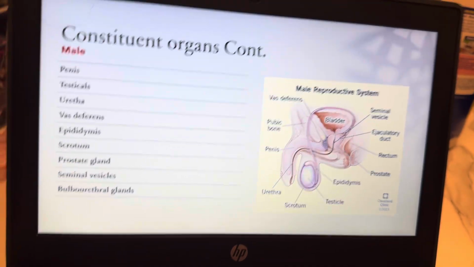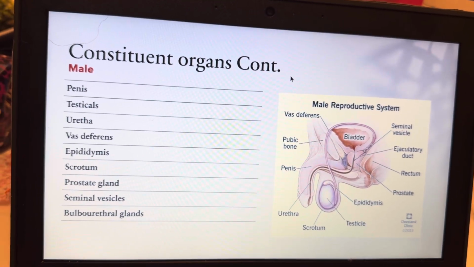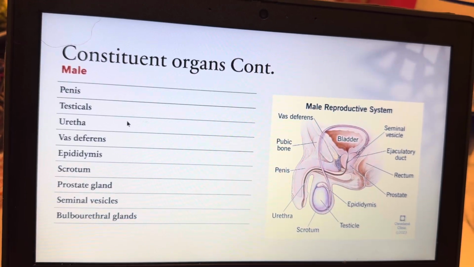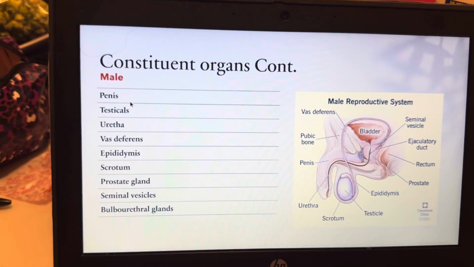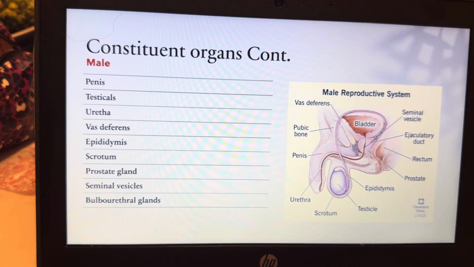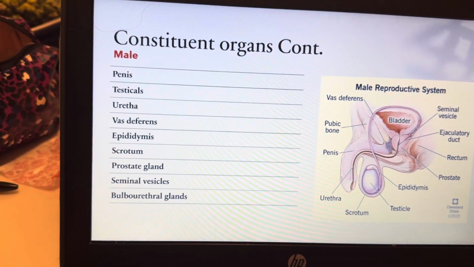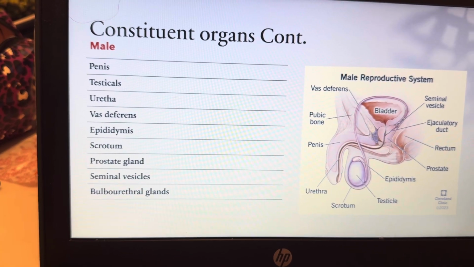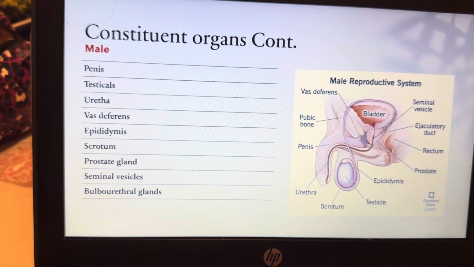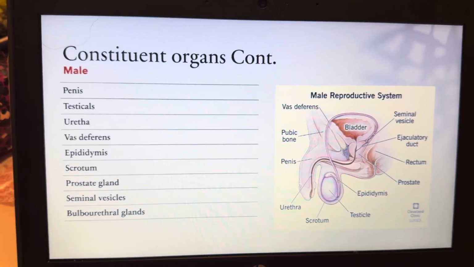Next, I have all of the important constituent organs for a male, which consist of the penis, testicles, urethra, vas deferens, the epididymis, the scrotum, the prostate gland, the seminal vesicles, and the vulval gland.